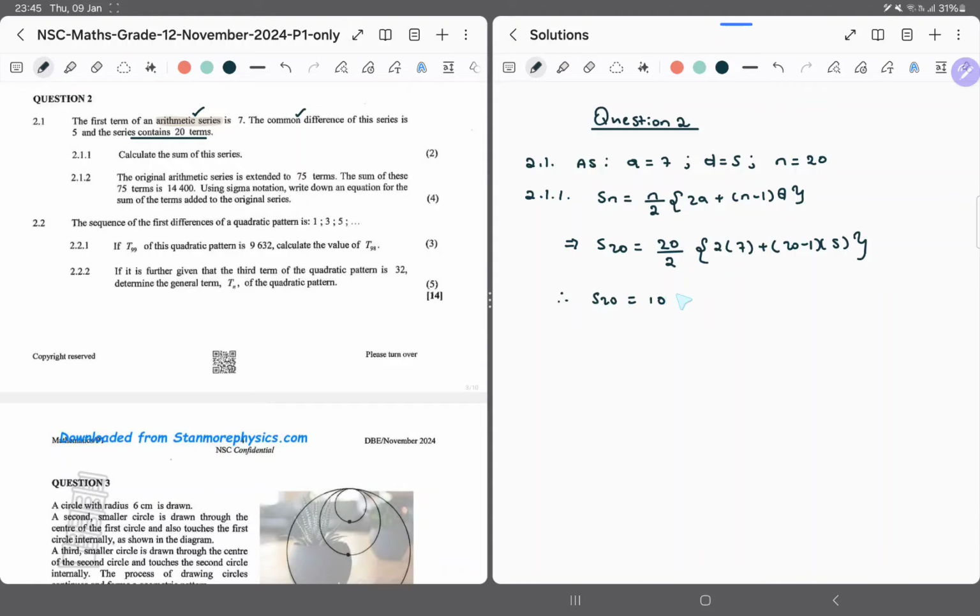Okay, so this is 1090. That's it. Because we don't know what this is, we can't put a unit to it. So this is very easy, guys. Substitutions, answer, easy 2 marks.